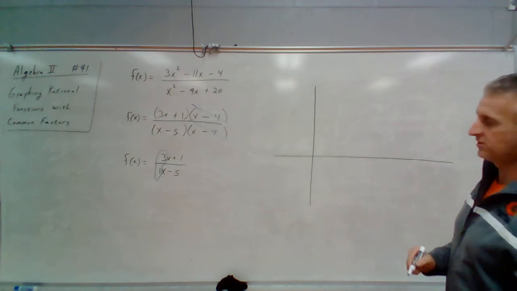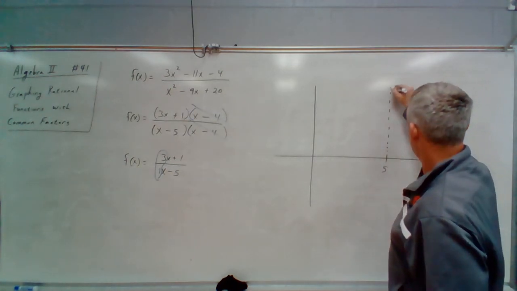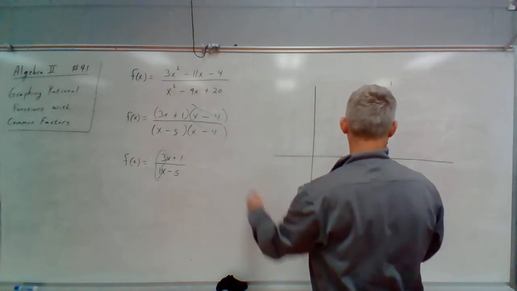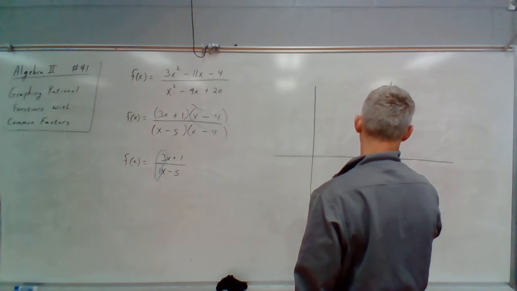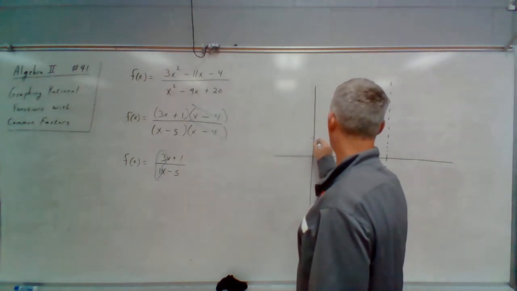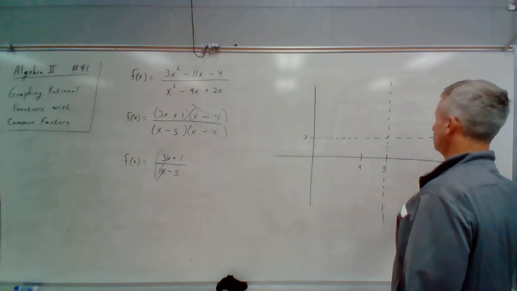Right, so let's see if we can make a graph. So a vertical asymptote will be at 5. And I'm going to have a hole in the graph at 4. I know I have a horizontal asymptote at 3. So horizontal here.